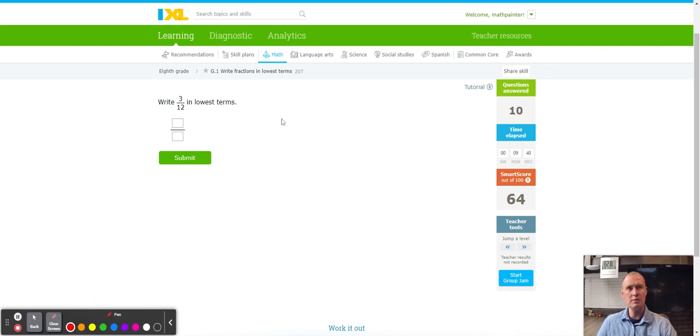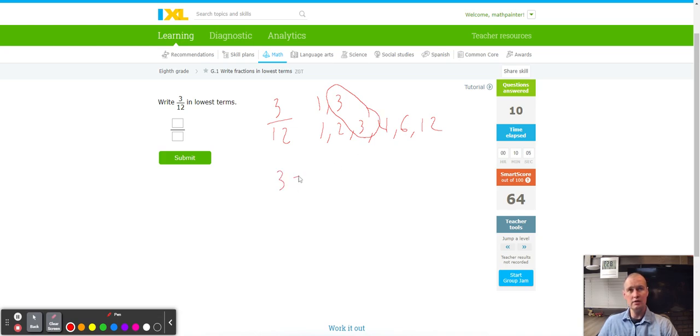3 over 12, so we got 3 over 12. For 3, we only have 1 and 3 that work. And 12, we have 1, 2, 3, 4, 6, and 12 that work. You get really fast at this because 12 has been brought up many times. Both values, 3 will be our dividing factor.